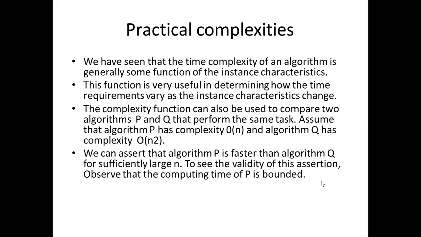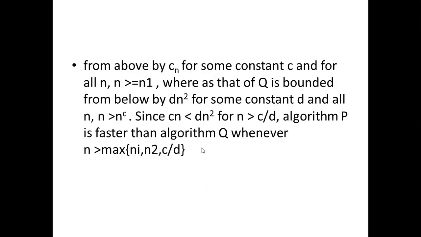So to see the validity of this assertion, observe that the computing time of P is bounded from above by Cn for some constant C and for all n greater than or equal to n1, whereas that of Q is bounded from below by dn square for some constant d and all n greater than n2.